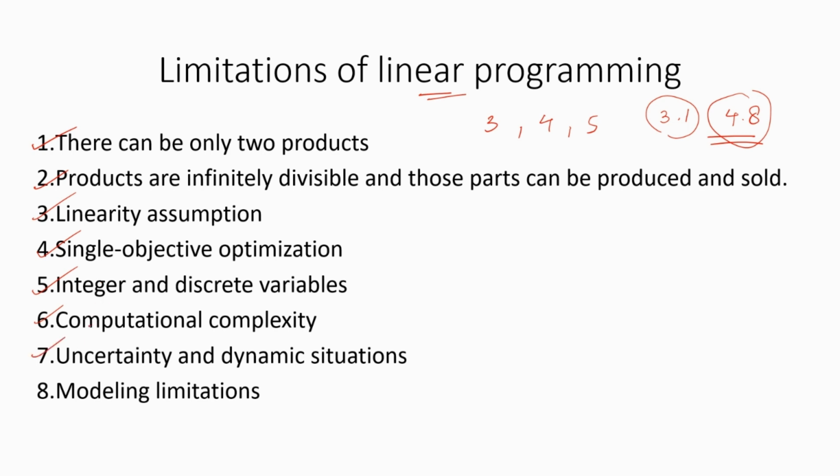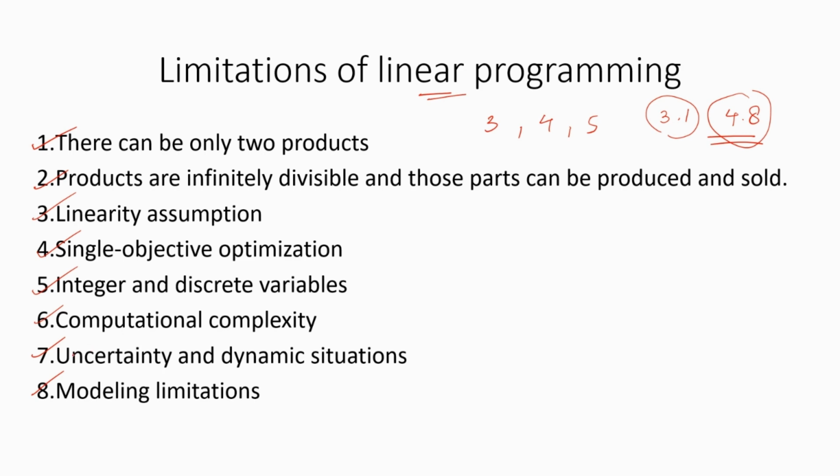Uncertainty and dynamic situations. Linear programming assumes that the problem parameters are known with certainty and remain constant over time. However, real-world problems often involve uncertainty and dynamic conditions where parameters can change. Linear programming models may not be flexible enough to handle such uncertainties and dynamic decision making. Modeling limitations.